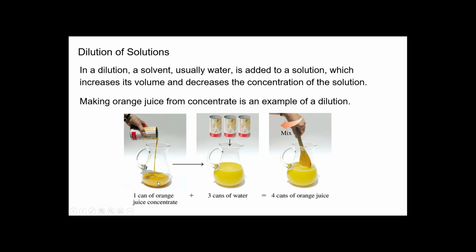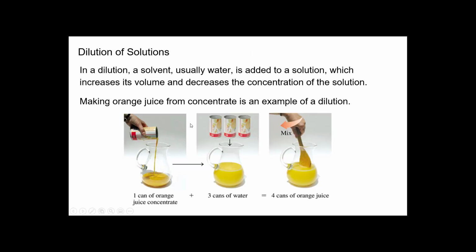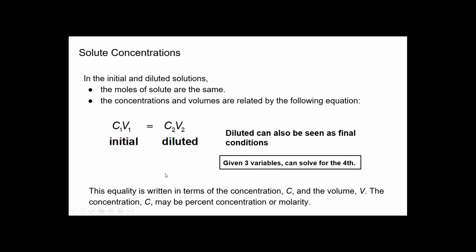The mass was what was used to weigh out this amount. We're changing the volume, not the mass. Water is added, the volume of the solution increases, and that's exactly what happens here. We take the concentrate and water's added, and it's now diluted. The concentration decreases, but the mass of the solute remains the same.